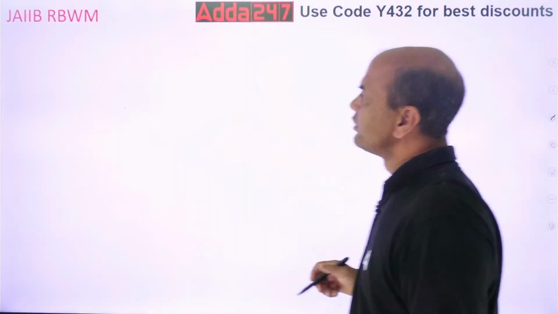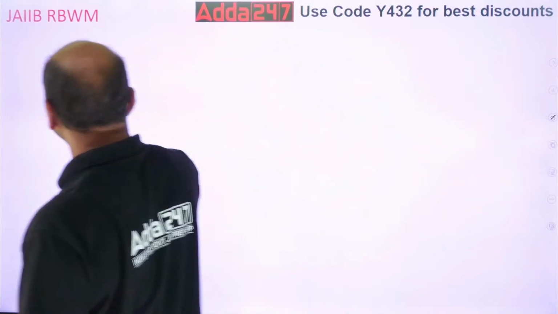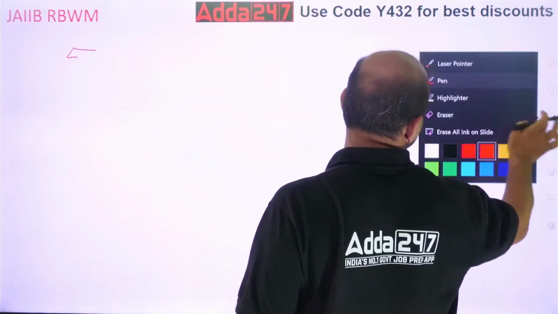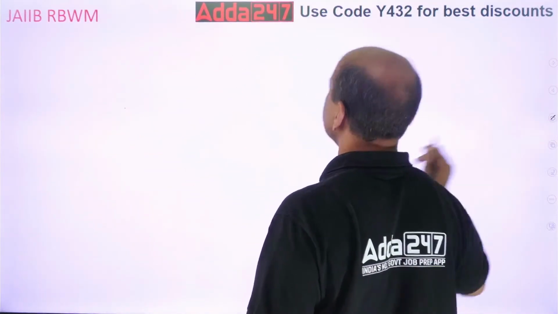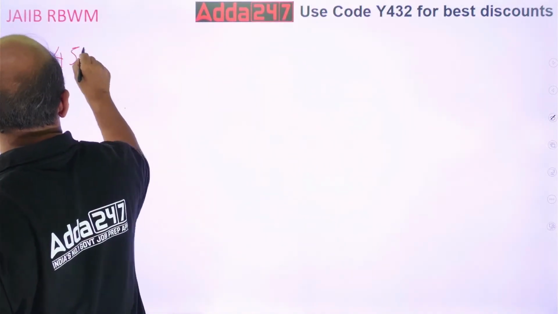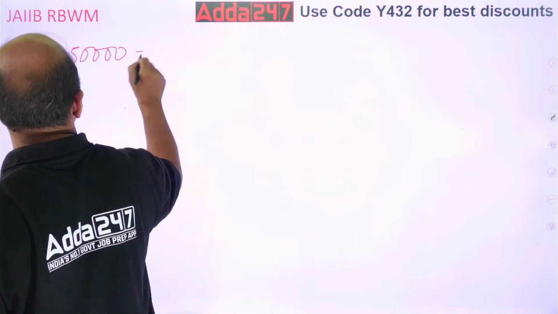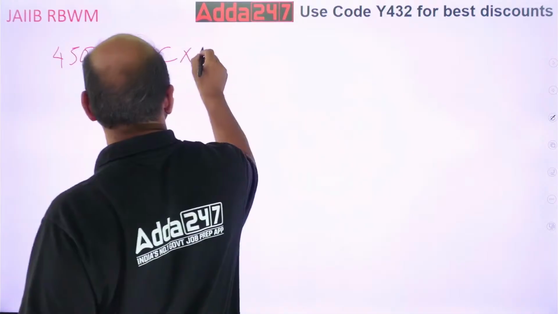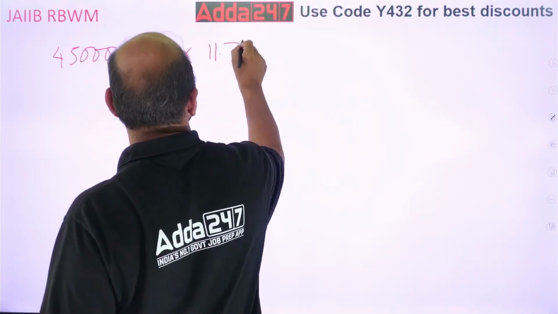So, let's write it again. It is 4,50,000 equals to C into 11.73.